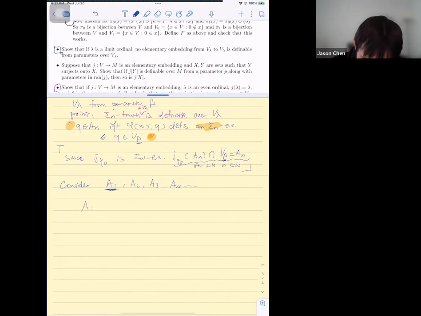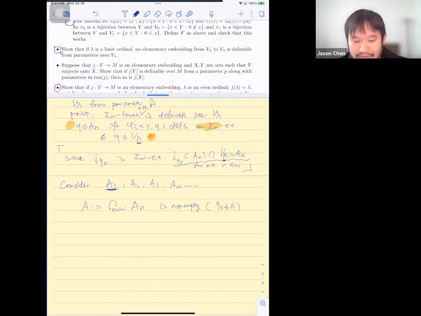So now if you look at their intersection, let me write A for the intersection of the ANs. First notice that this is not empty. Why? Because Q0 is in there, because Q0 defines a fully elementary embedding. So the elementary embedding that's defined by Q0 is going to be sigma 1 elementary, sigma 2 elementary, sigma 3 elementary. Okay.